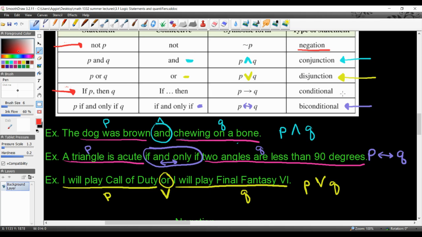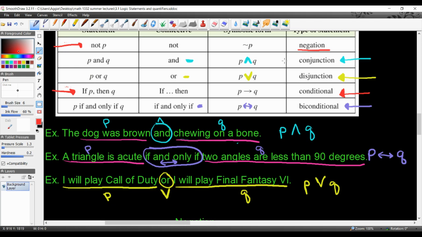It's called a conditional. It's kind of like saying, if this is true, then this has to be true. For example, you can say, if you study for the test, then you will pass. That would be considered a conditional statement. Yes, if you exercise, you will not gain weight, hopefully. But yeah, that would be a conditional statement. The negation I'm going to talk about in just a bit.